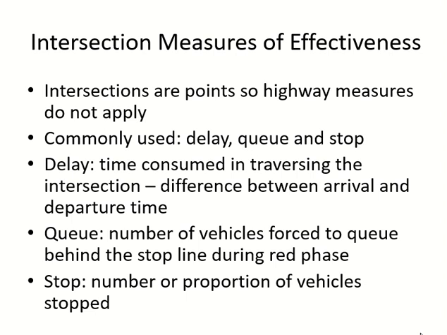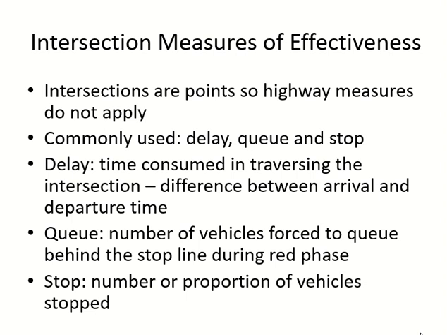These are taken as the measures of effectiveness or measures of performance, the values which indicate if the intersection is good or bad. For example, delay. More delay is good, right? Longer queue length, a longer queue is weak performance.